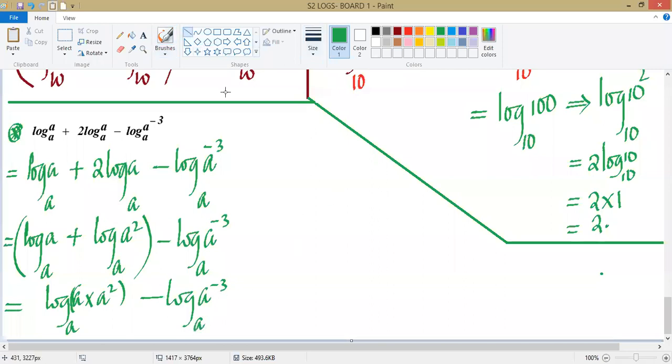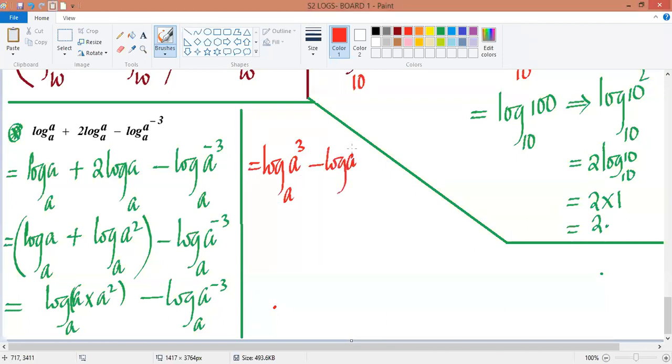Then the final step becomes log a cubed base a minus log a to power -3 base a.